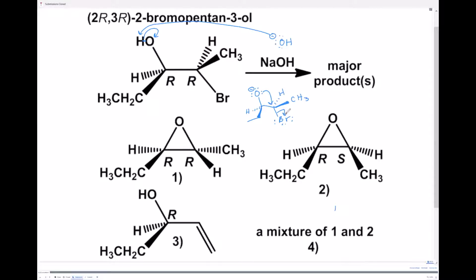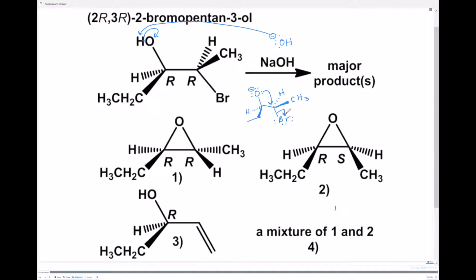How do we pick between 1 and 2? The stereochemistry. Right. So I guess I have to tell you which one's correct. Number 2 is what would happen, but why? Whenever you do a backside attack, it flips the stereochemistry that's already present.